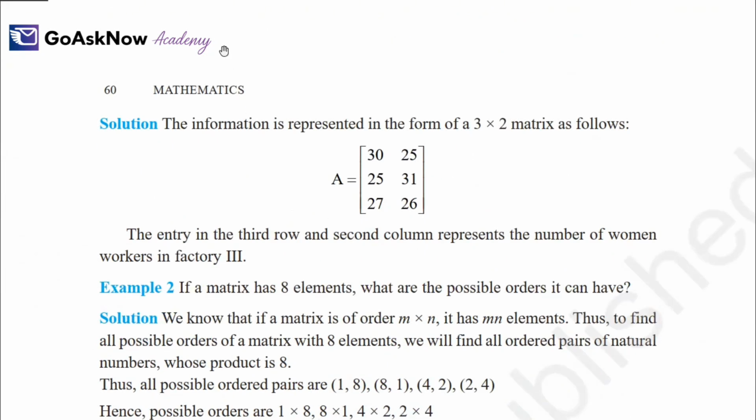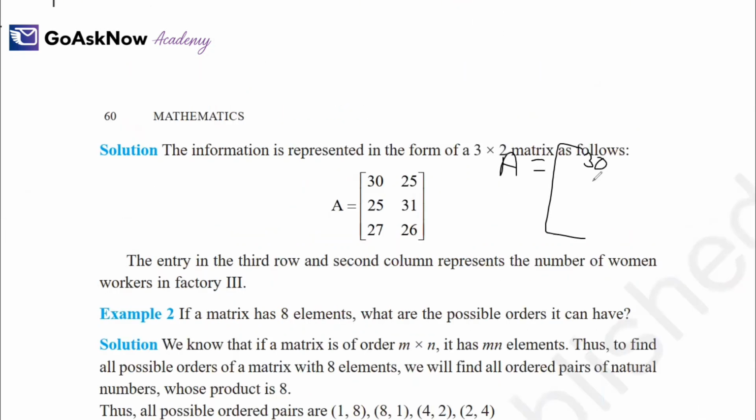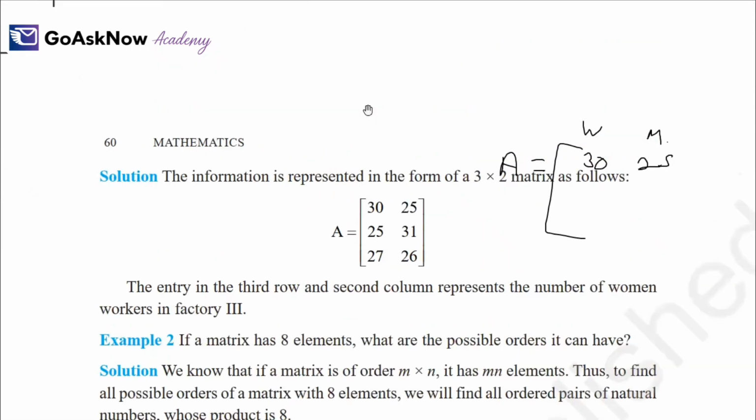I have written it as matrix A, where 30 and 25 are written for the first factory.